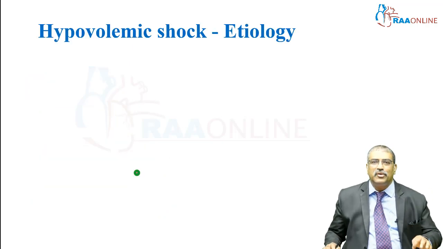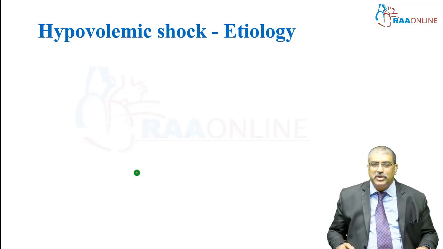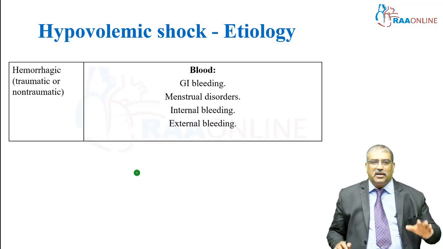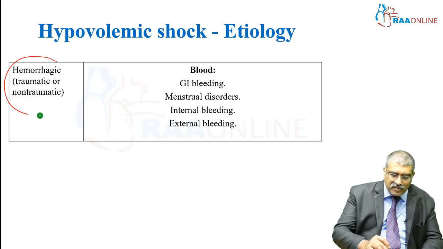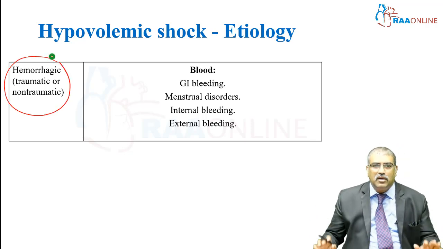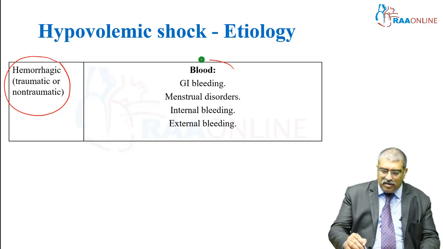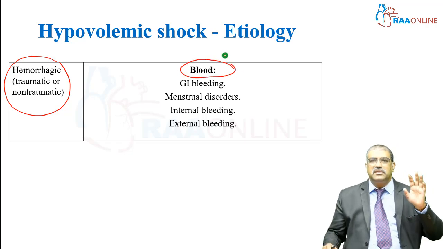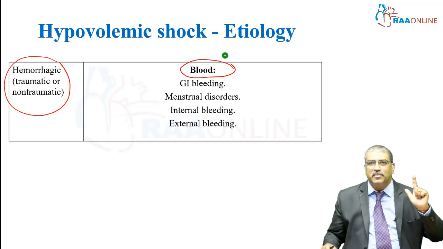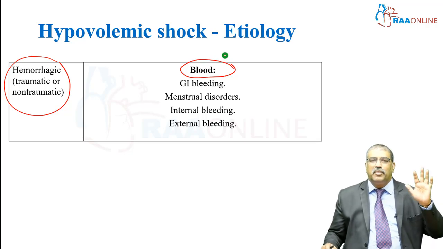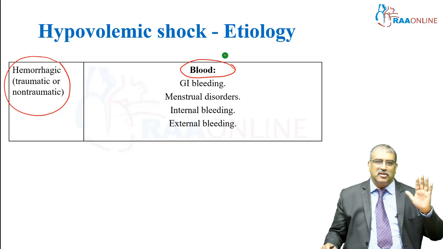Now, coming to hypovolemic shock. Hypovolemic shock can be hemorrhagic, which can be traumatic or non-traumatic. In hemorrhagic, it is the blood component which is lost. You have blood, plasma and body fluids. Blood is lost in hemorrhagic shock.